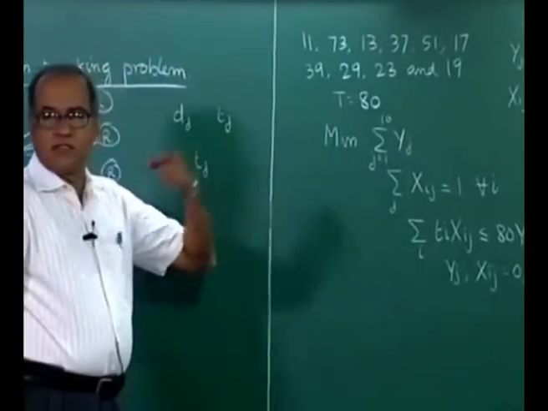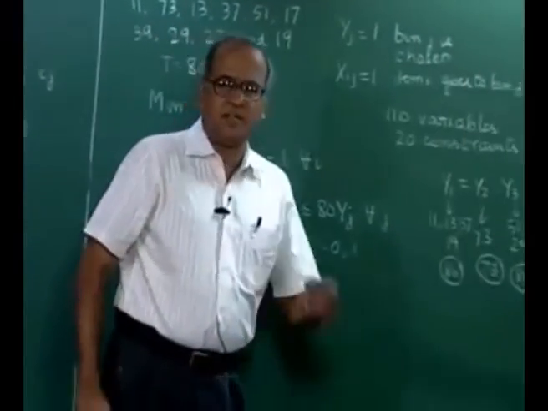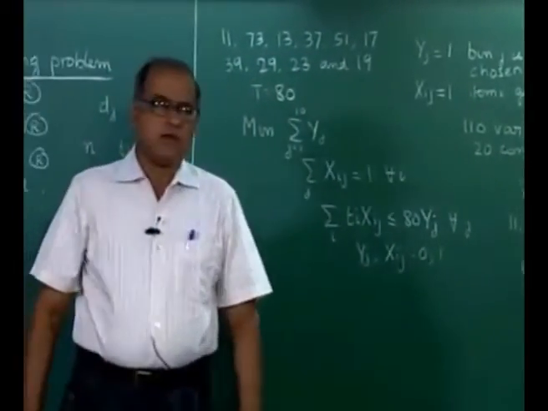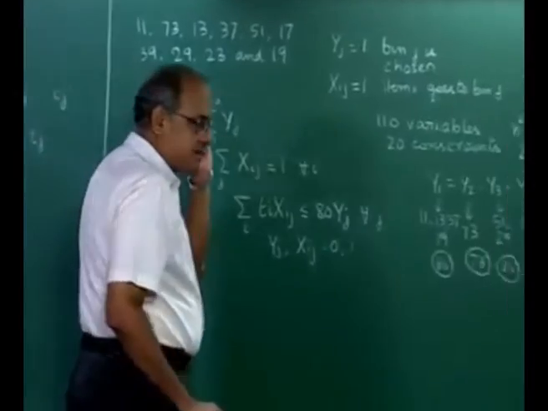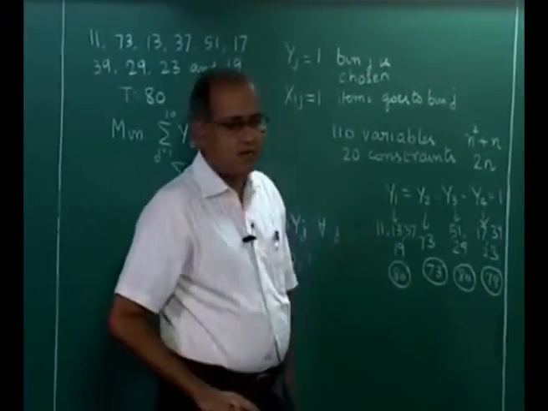Now let us assume we want to solve this using heuristics. Several heuristics are available, we will see one or two of them. Most of these heuristics first sort these items in decreasing order.